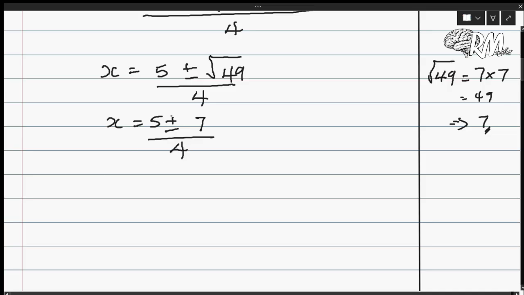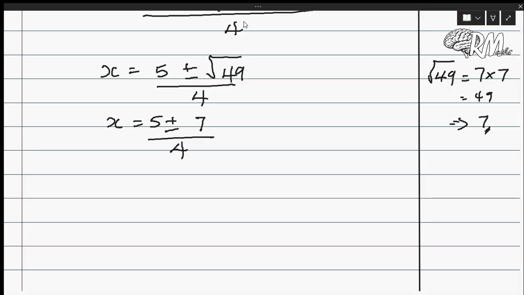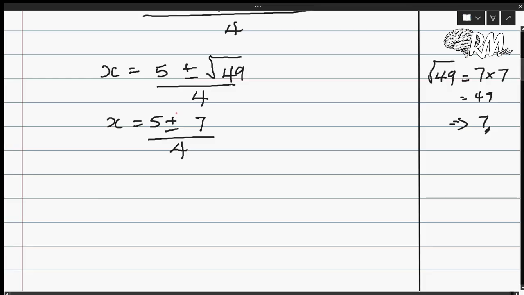Now, since I'm having this plus or minus, and from what I've taught you in the method of completing the square, anytime we see plus or minus, it means we have to separate the question into 2. So I'm going to have x equals 5 plus 7 over 4, or 5 minus 7 over 4.